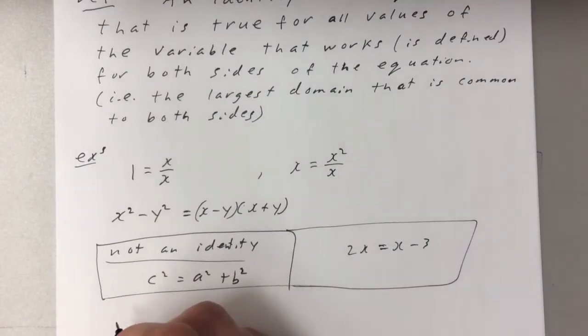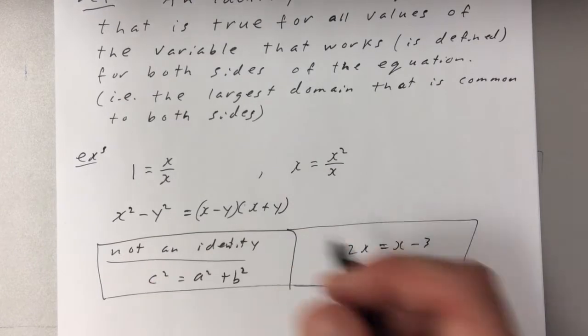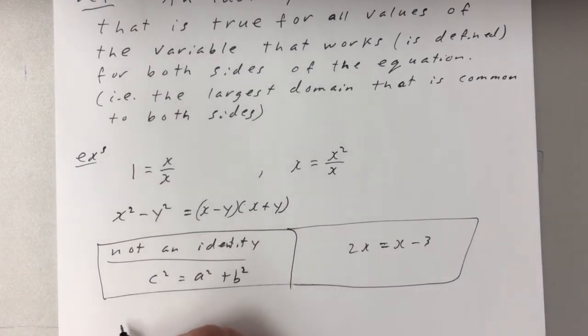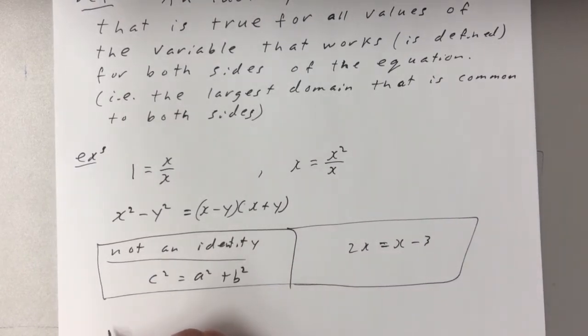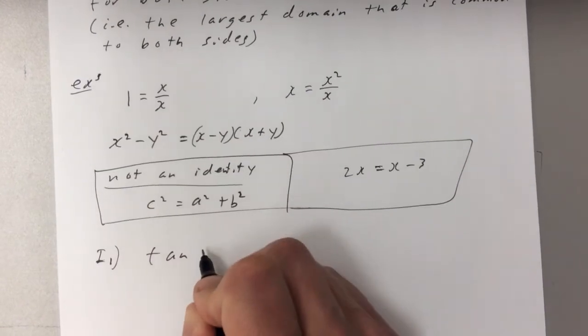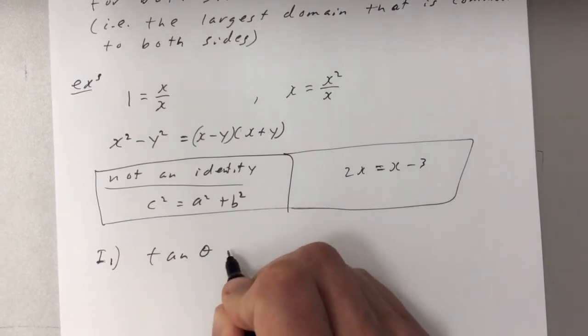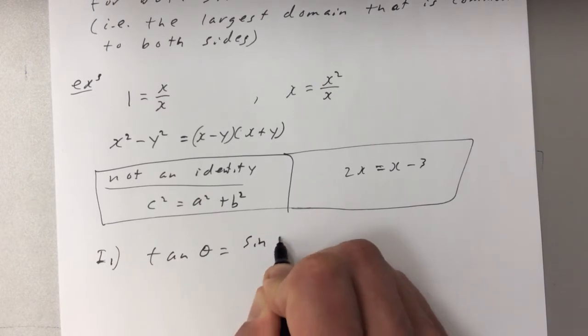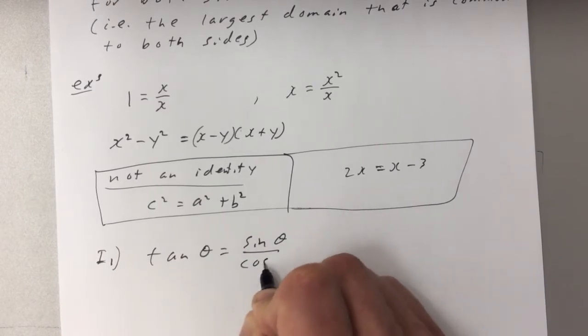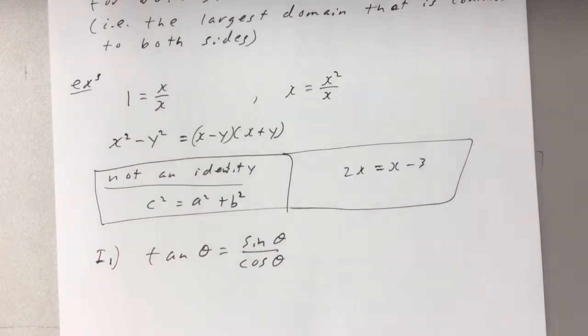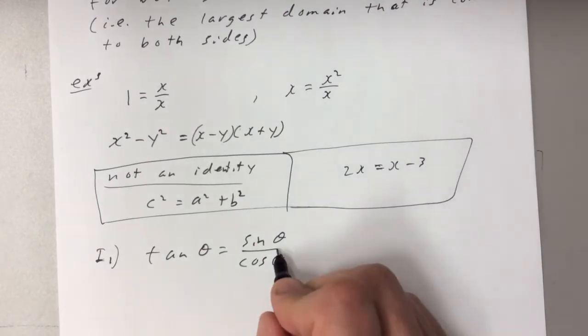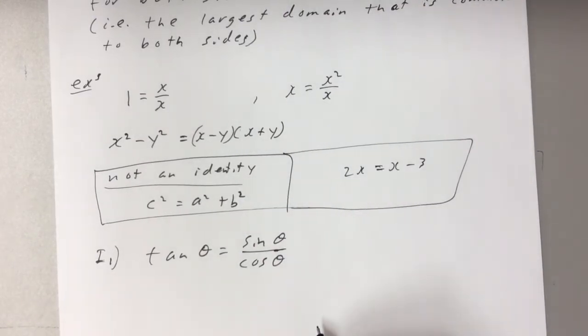So one of the basic trig identities that we'll look at, the first one, let's call it identity 1: tan theta equals sine theta over cos theta. Okay, so is this true? Well, we need to look at it.